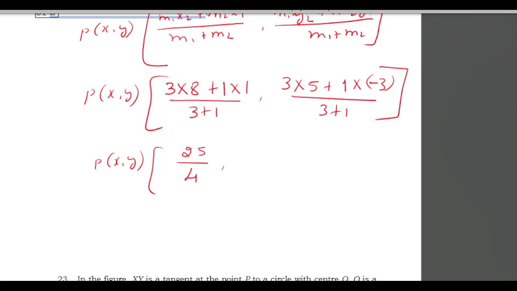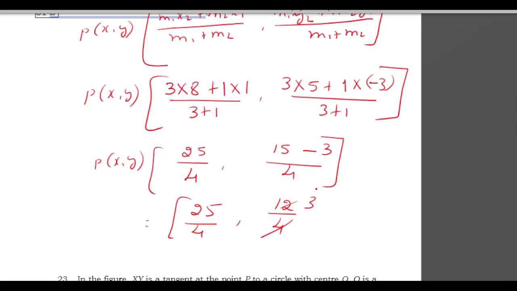Comma, 3 into 5 is 15, plus 1 into minus 3 is minus 3, divided by 4. Here we can simplify again: 24 by 4, comma, 15 minus 3 is 12 by 4, which is 3. So the answer is 25 by 4 comma 3 for this question.